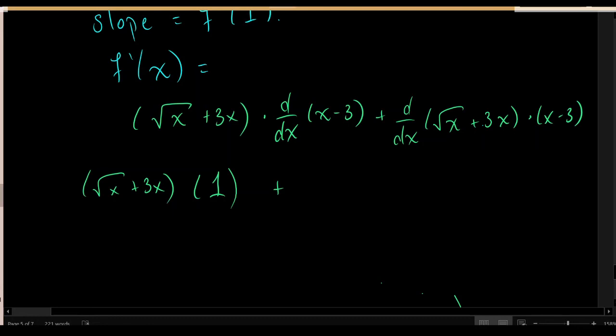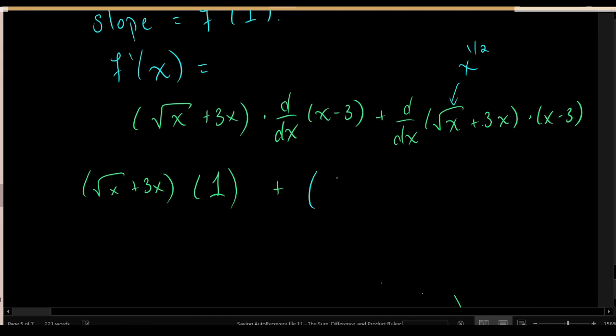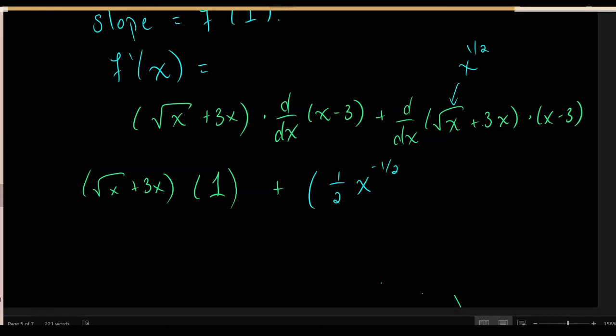So what was the derivative of the square root of x? To get the derivative of the square root of x, remember that we rewrite this as x to the power 1 over 2. So by power rule, this will become 1/2 x to the power negative 1/2. What will happen to the 3x?